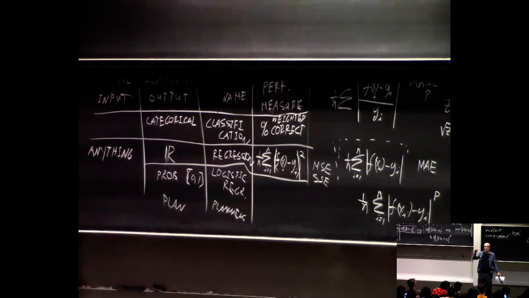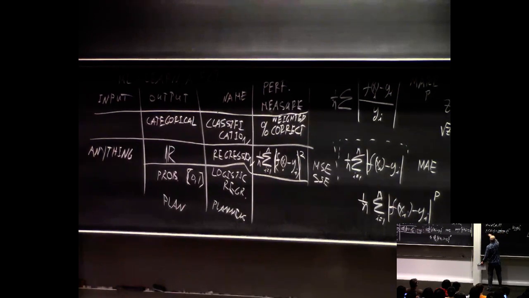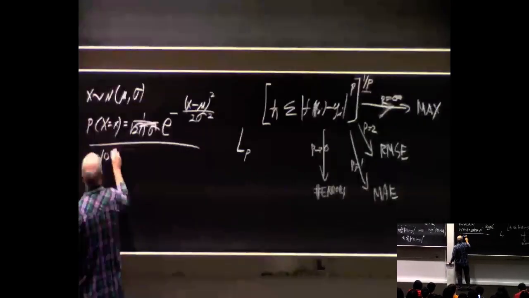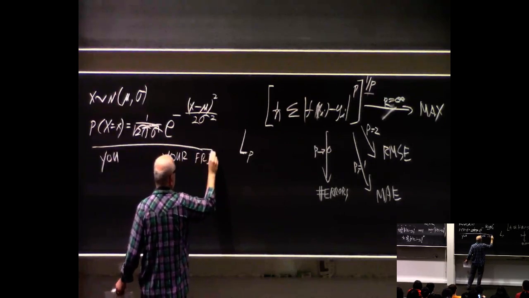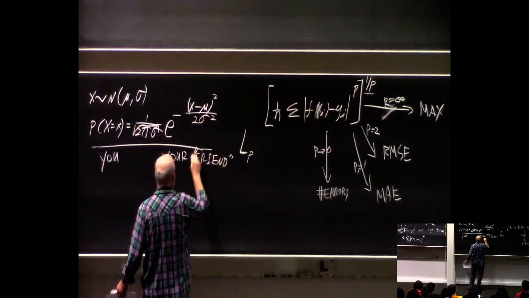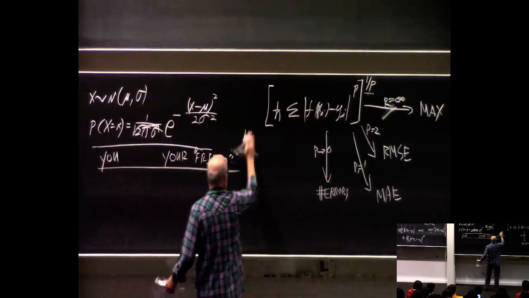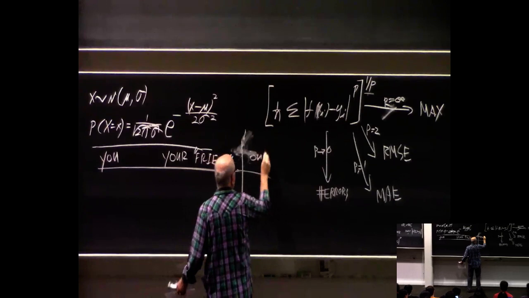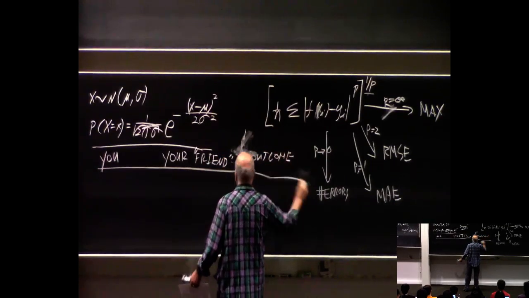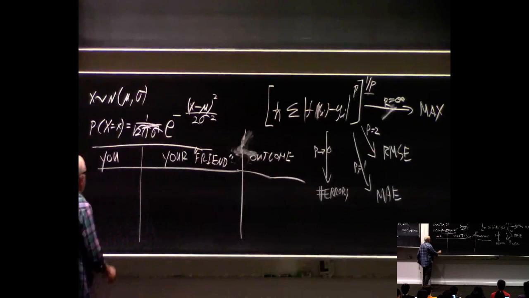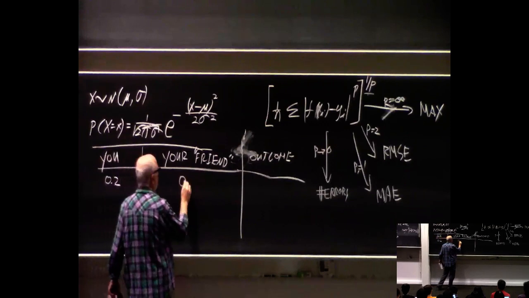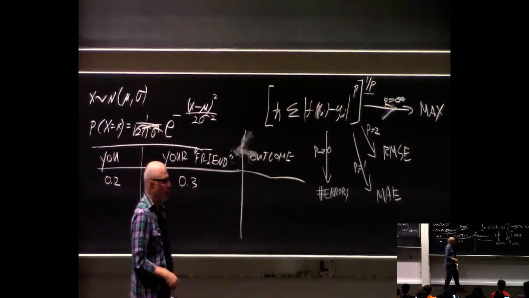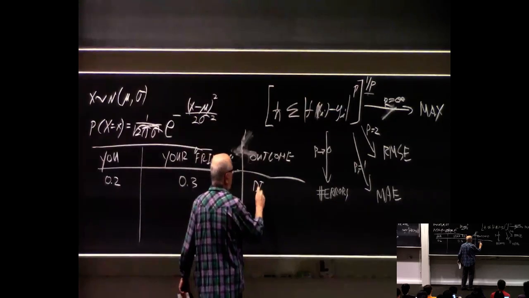Let's start with the simplest case. Suppose there was only one loan application. You and your so-called friend each estimate the outcome. You said there was a 20% chance it'll default. Your friend said there was a 30% chance it'll default, and it didn't default.